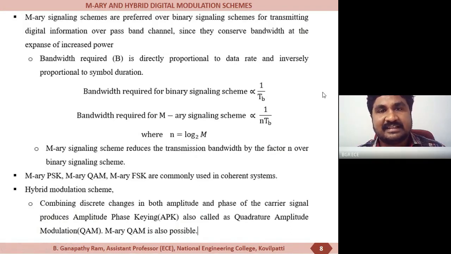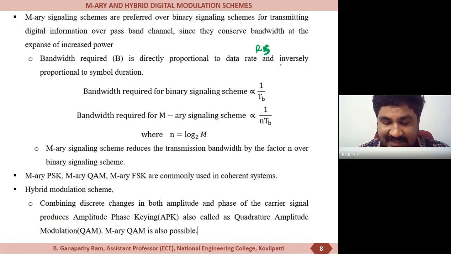The M-array signaling schemes are preferred over the binary signaling schemes since they conserve the bandwidth at the expense of increased power. So let me assume B as the bandwidth required to transmit a baseband signal having a data rate of Rb or Rs.